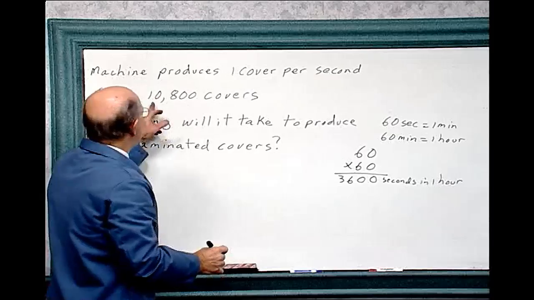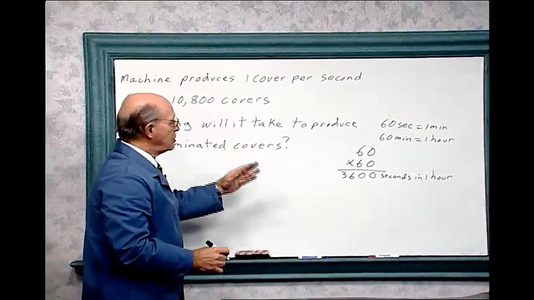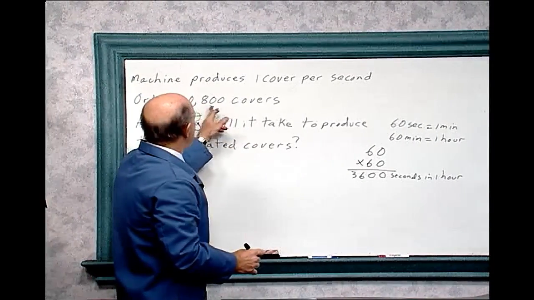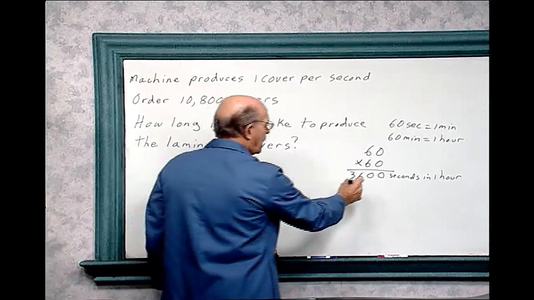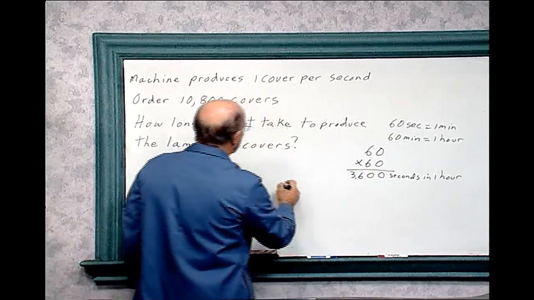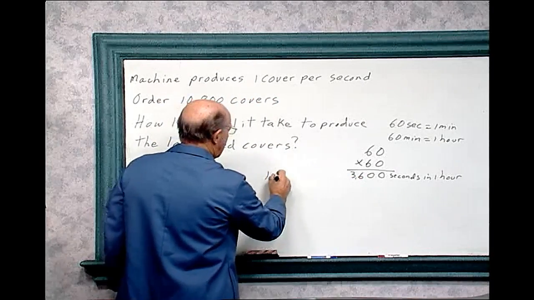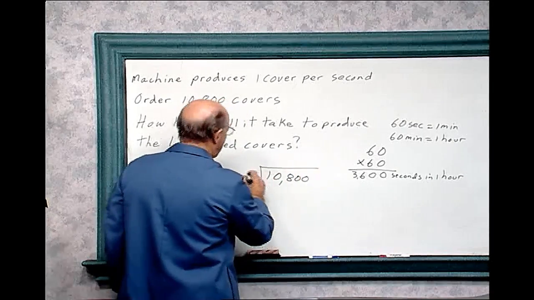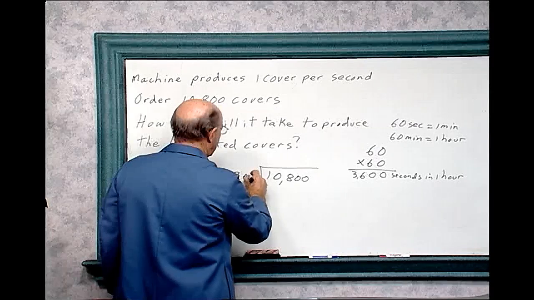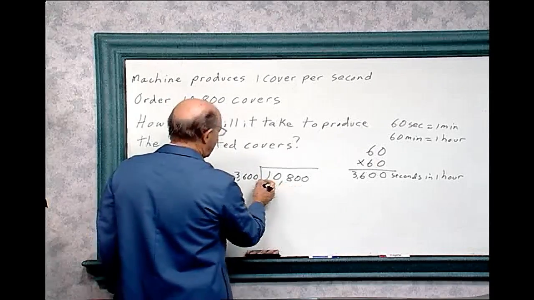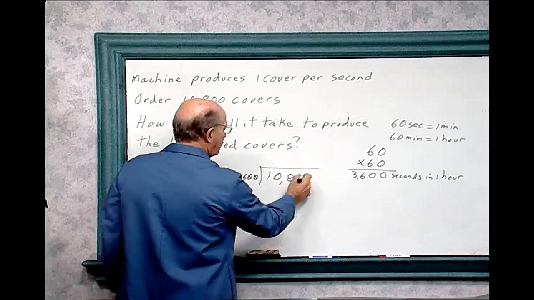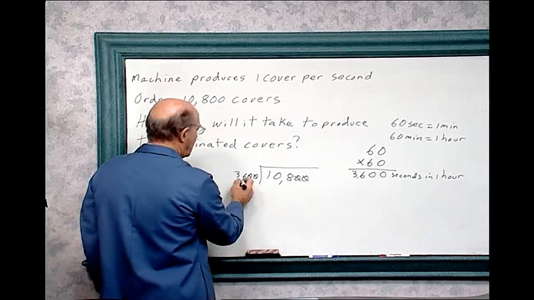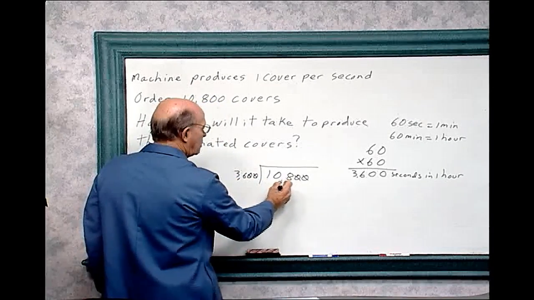Now they're producing 10,800 covers. So now we can divide 10,800 by 3,600. Remember what we can do when we have zeros on both ends? Just remove them. So how many times does 36 go into 108?